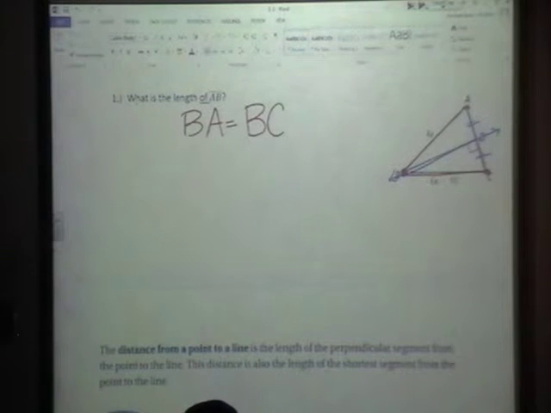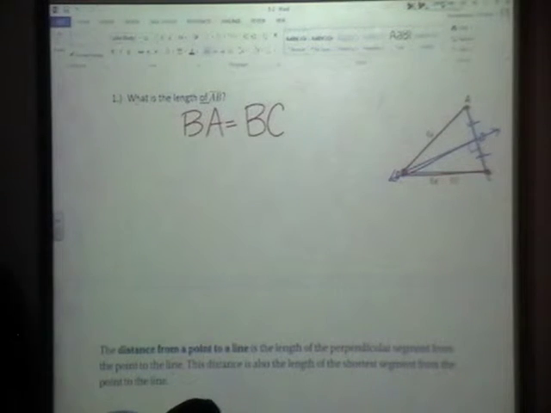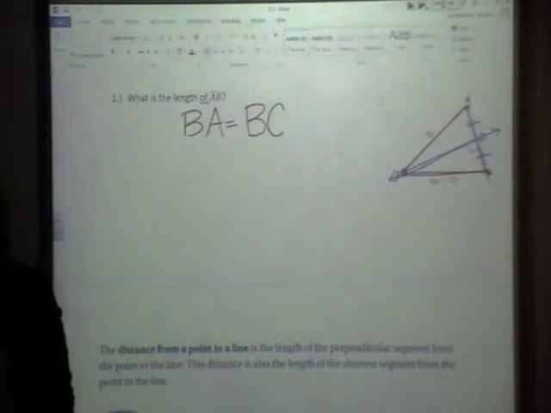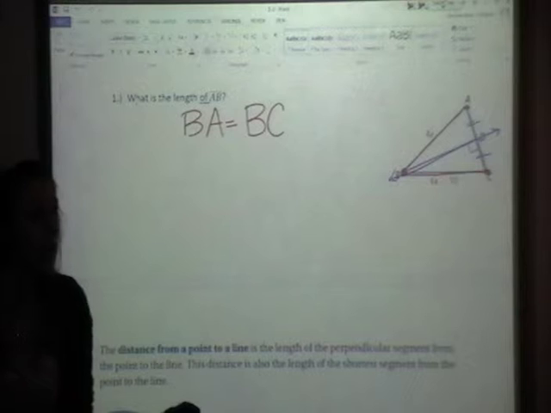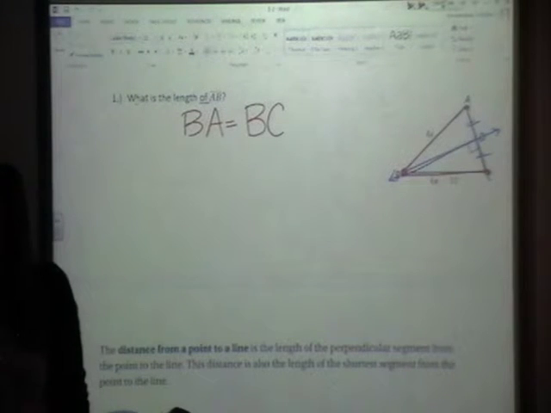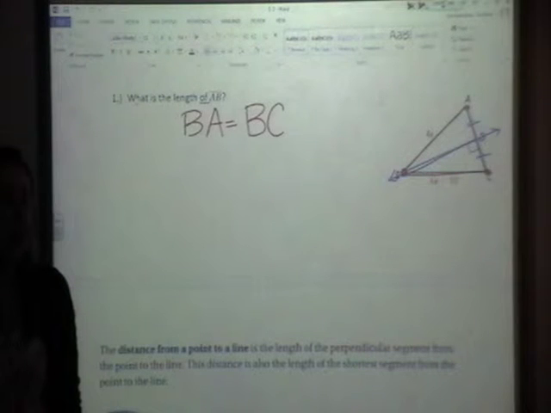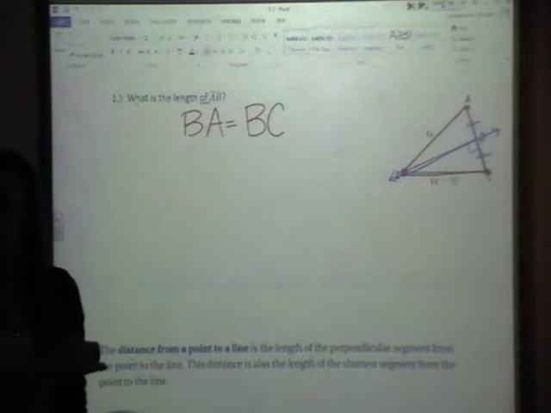Can we have negative 10 sides? That'd be a really awkward triangle. So if you have a negative variable, go back and check your work, because this is real life. You guys should be getting positives.